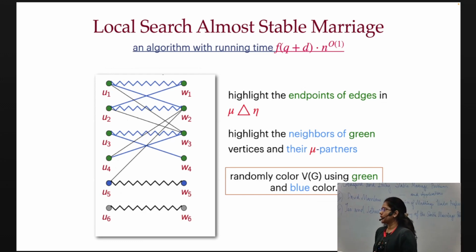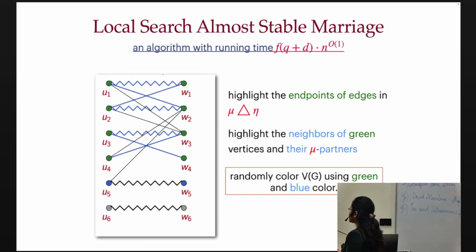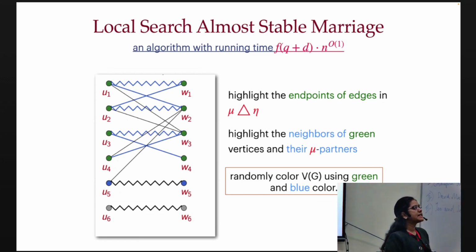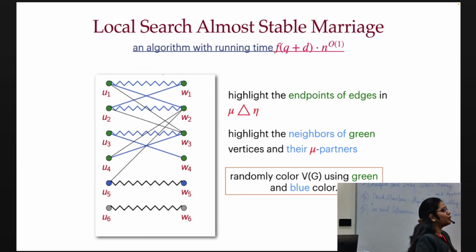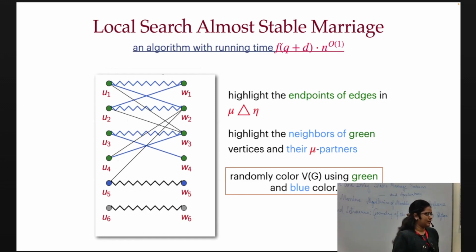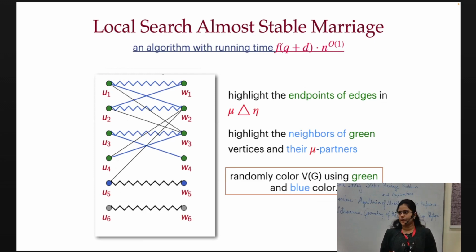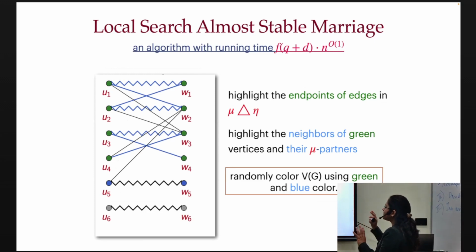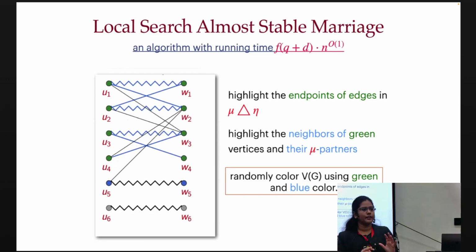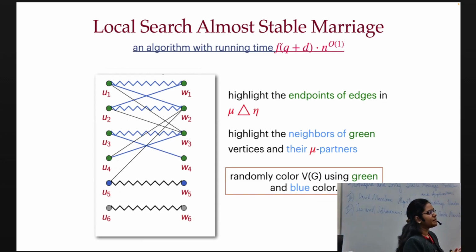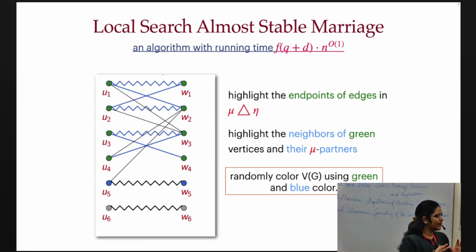So what we do in such cases is we randomly color vertices, let us say using green and blue color, and we will see with what probability I will achieve what we want. Whatever I said, that this is my symmetric difference, highlight this, that, all this is part of understanding, intuition.